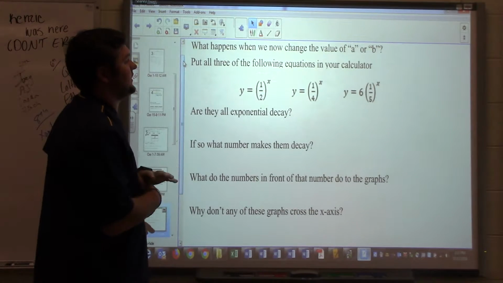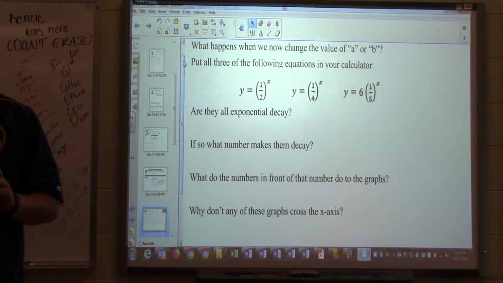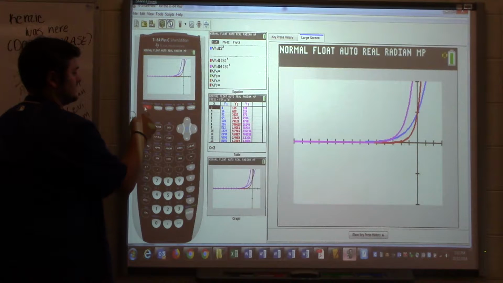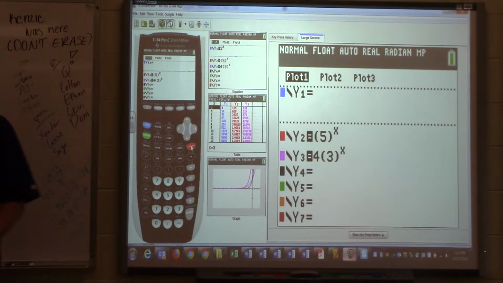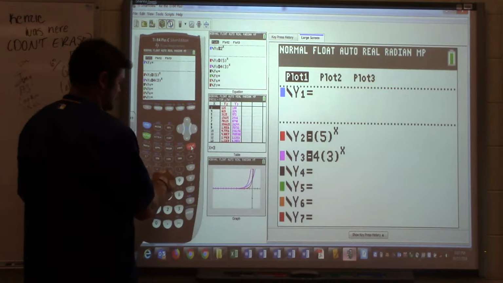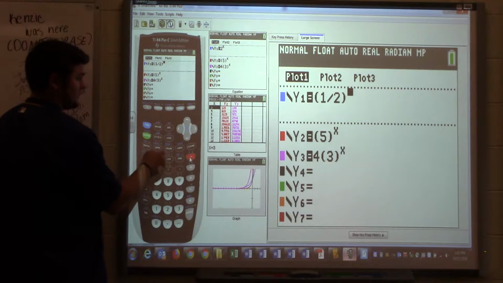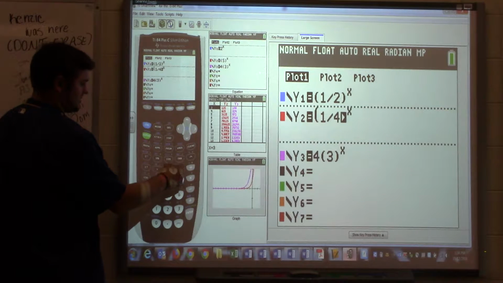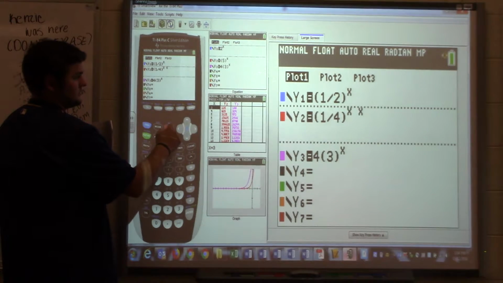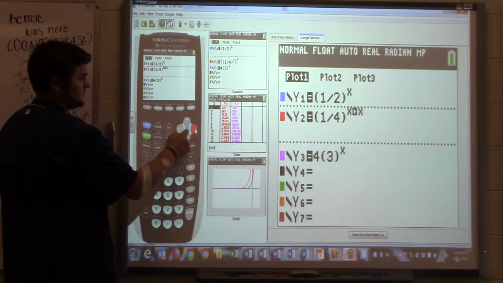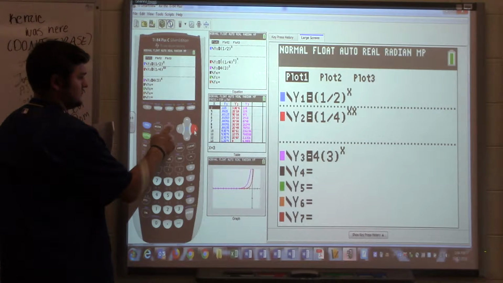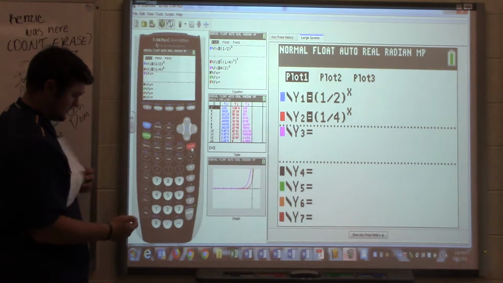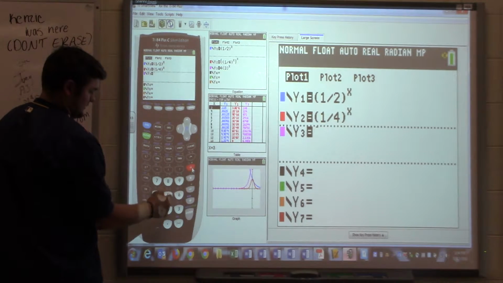So what happens now if we change the value of a or b for these ones? Put those ones in your calculator. I'll do the same. So let's go y equals. What were they? 1/2 to the x, 1/4 to the x, and then we had 6 times 1/5 to the x.